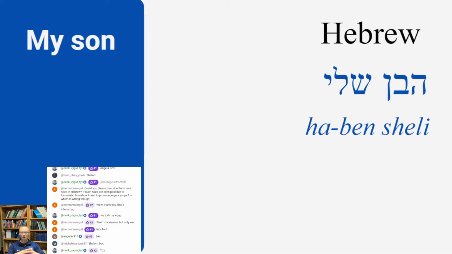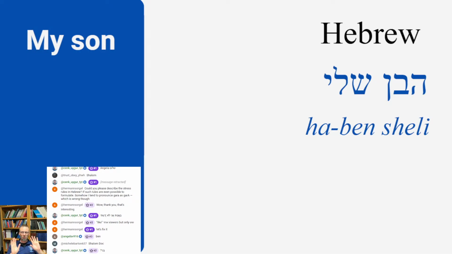All right, so haben means the son. Ha is the, ben is son. She means which, relative pronoun. Le is that preposition that we learned meaning to, right? Like in yesh li, remember that one? And then the i is my. So literally, when you want to say my son in modern Hebrew, it's the son which is to me.